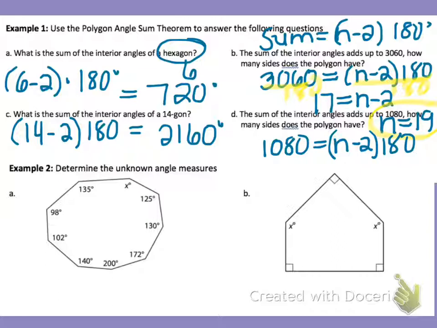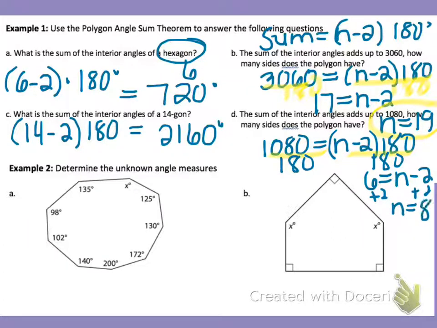So step 1, divide by 180, and that gives me 6. So 6 is equal to n minus 2. If I add 2, that's n. That means n is 8, or an octagon. So this is an octagon for D.